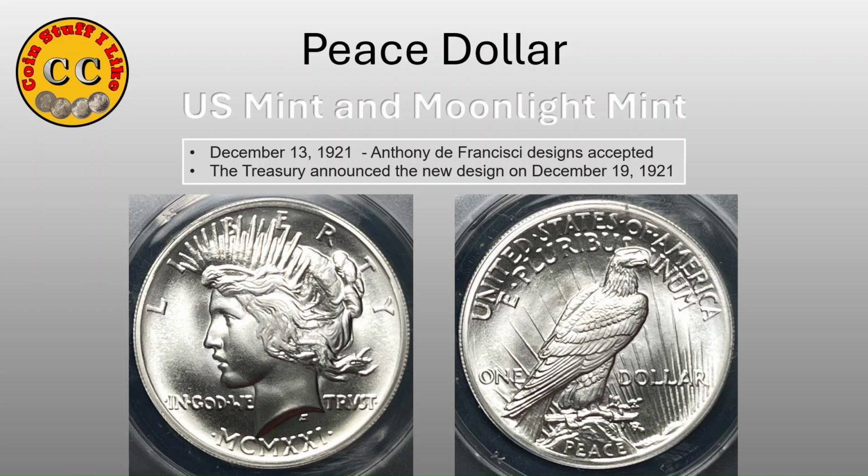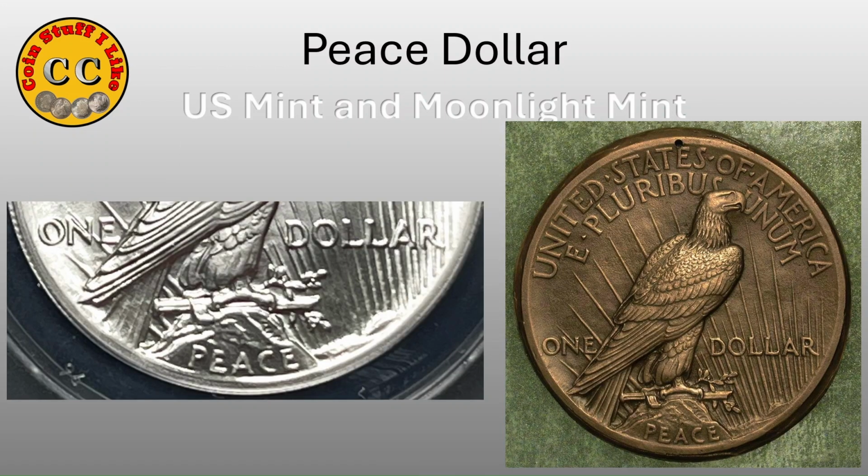So this was announced, and we know the broken sword reverse was part of the accepted announced design in December 19th, 1921, because of two bits of evidence. One is this over here on the right.